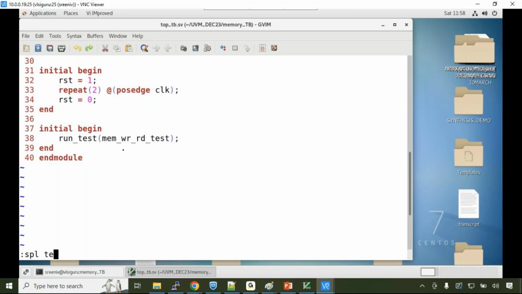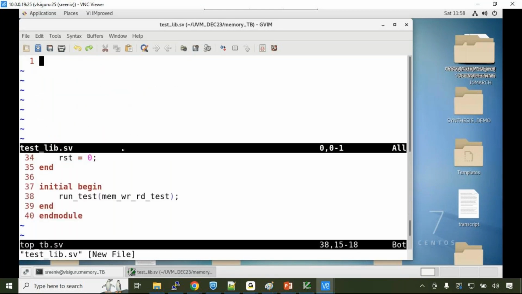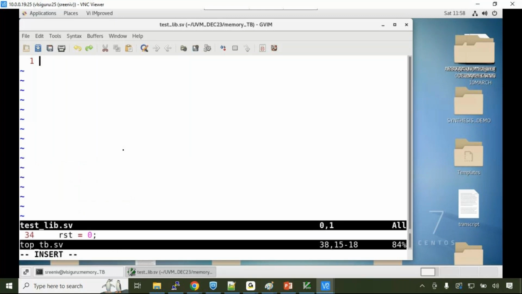So we are going to develop all the test cases into one common file. What is the name of that common file? testlib.sv. Like we did earlier, we'll develop class mem write read test.